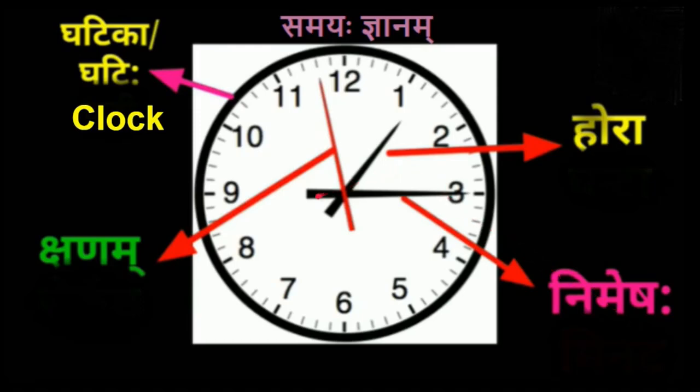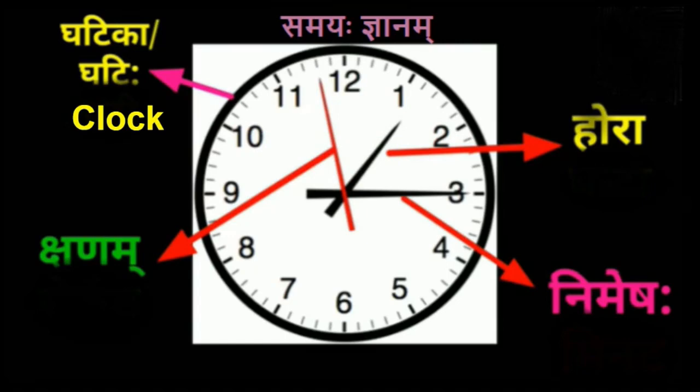And the smallest hand, that is our hour hand, is called Hora in Sanskrit. So, Kshanam, second hand; Nimeshaha, minute hand; Hora, hour hand. And the whole clock is called Ghatika or Ghatihi.